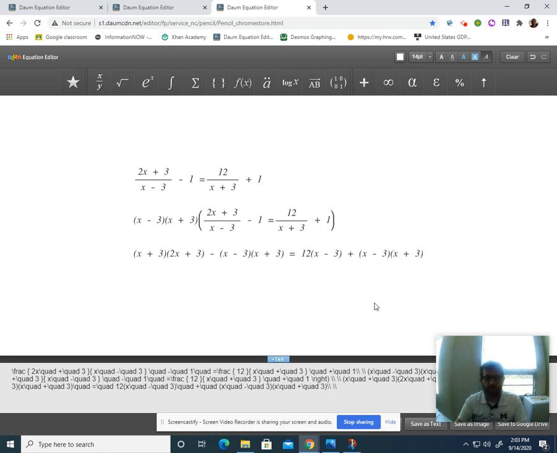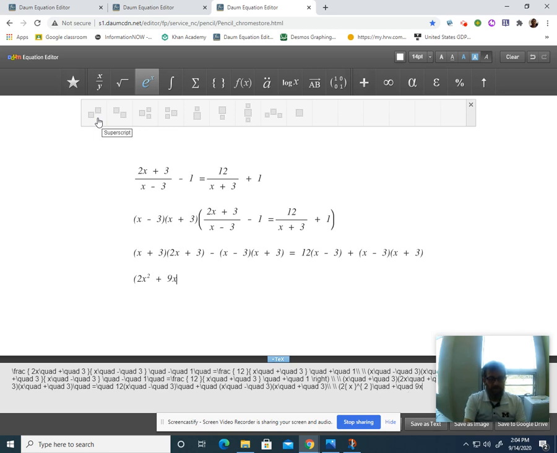Now I'm left with a big simplification problem. I'm just multiplying out. I'm multiplying this by this. Now you can use the box method, or you can use the distributive property, or some teachers call it the rainbow method or whatever. And as you're multiplying this, you're going to get 2x squared plus 9x plus 9 when you do the distributive property and multiply it out.